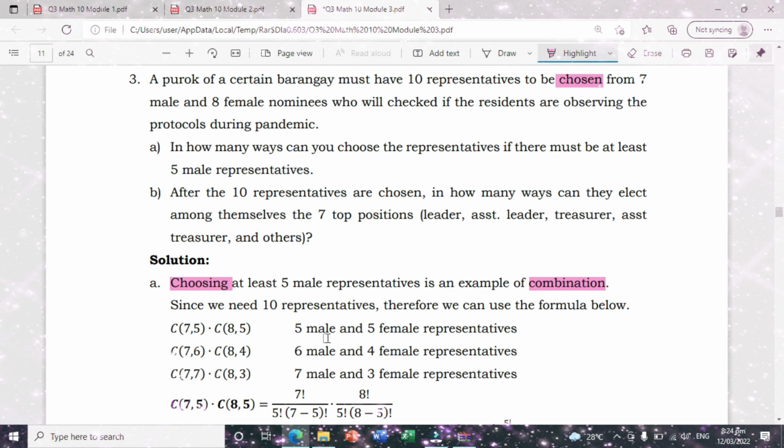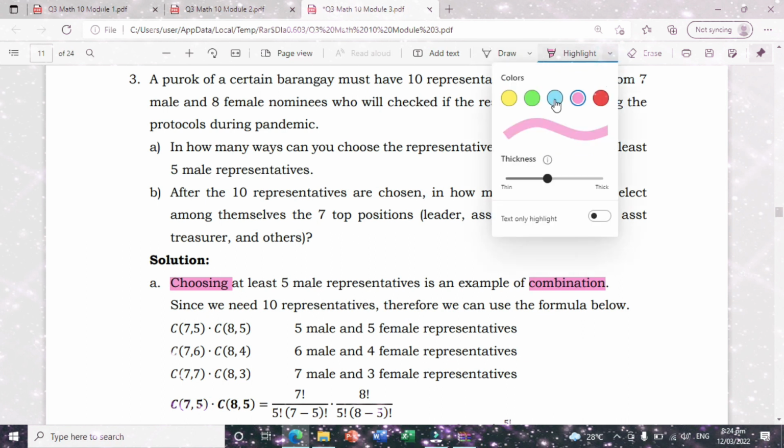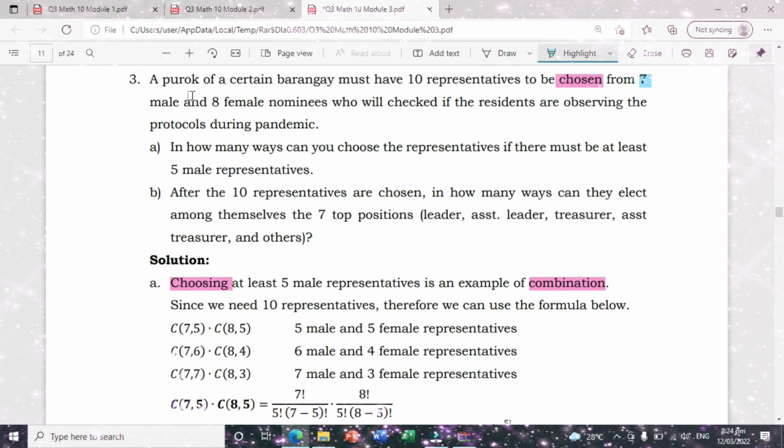So, may 5 male, may 5 female representatives. Yan. Take note. Highlight ko lang ng ibang color. Yan. There are 7 male, tapos 8 female. Mula yung mga nominees, so yan yung 7 male, 8 female. Pero tigli-5 lang yung kukunin natin.